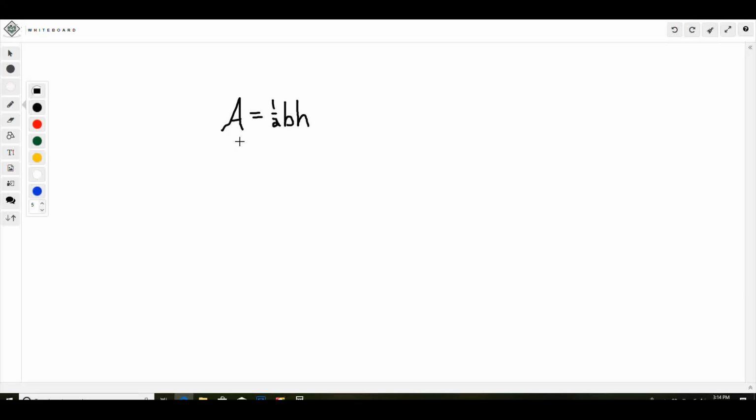Okay, now what we're going to do is fill in our numbers. So our next step would be this. A, remember A is what we're looking for. That's area. Okay, we've got half times, what's the base on that first one? It's 21. And the height is 10. Okay, so the area equals, now we've got to figure out our calculations.